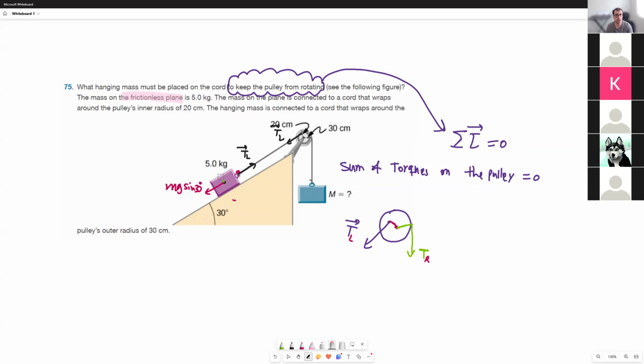Guys, if the pulley doesn't rotate, the whole system is at equilibrium, right? Mass 5 kilograms is not going to move. If it doesn't move, that will tell you TL is going to be equal to mg sine of 30 degrees.